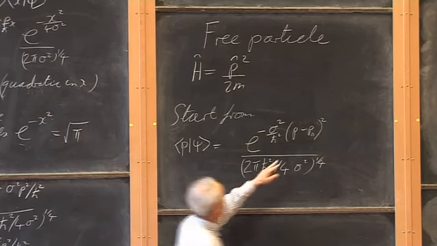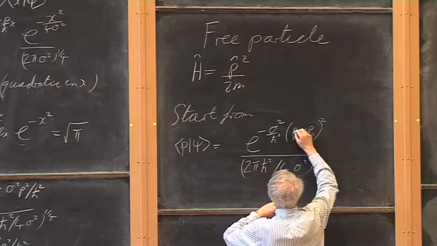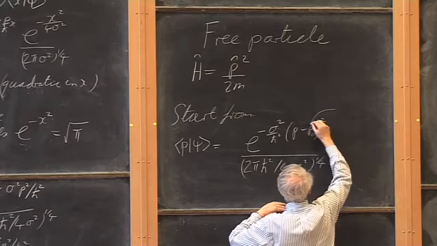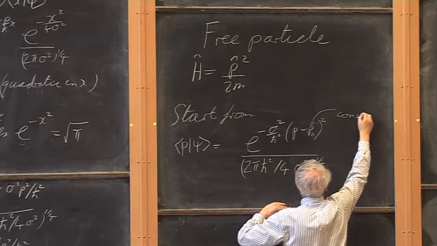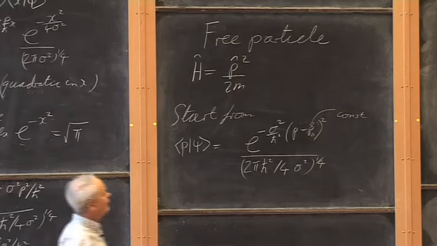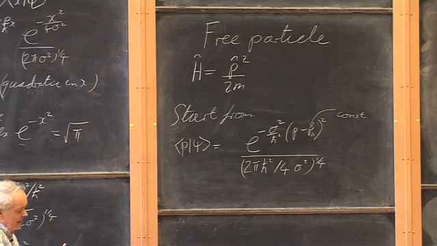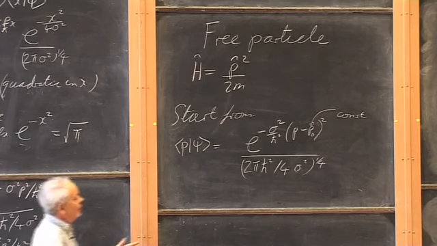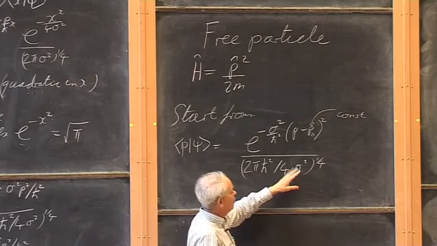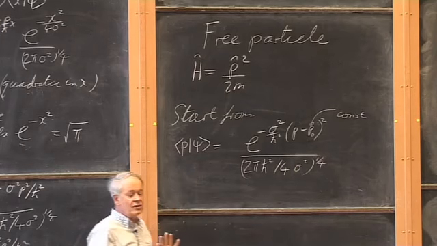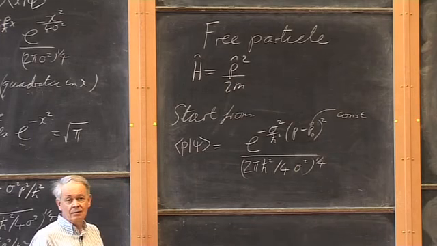P0 is a constant, right? This is the momentum eigenvalue. So it has a velocity which is on the order of p0 over m, and it's localized at the origin at t equals 0 to plus or minus sigma. We'll find out whether this is true or not, but that's the conjecture, okay?